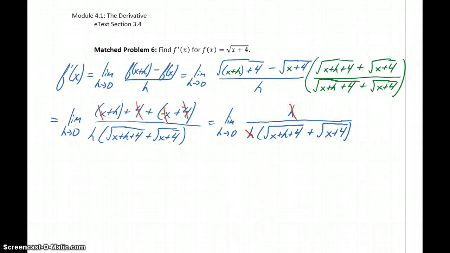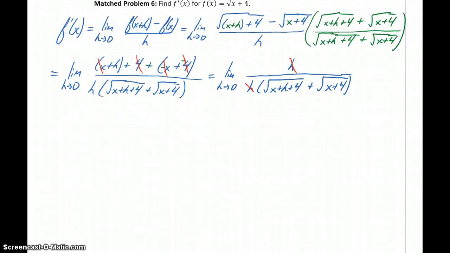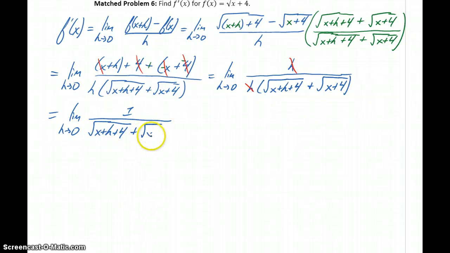So h over h will cancel out, leaving us with the limit as h approaches 0 of 1 over the square root of x plus h plus 4 plus the square root of x plus 4.